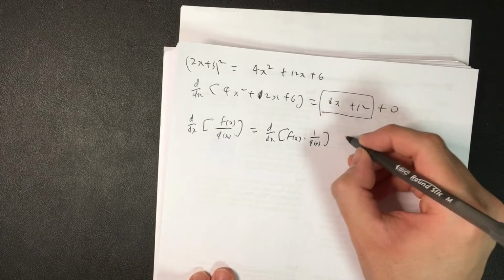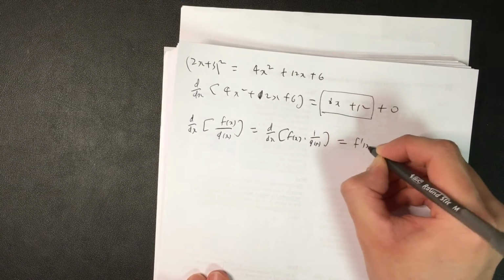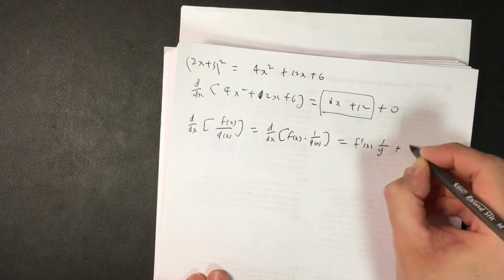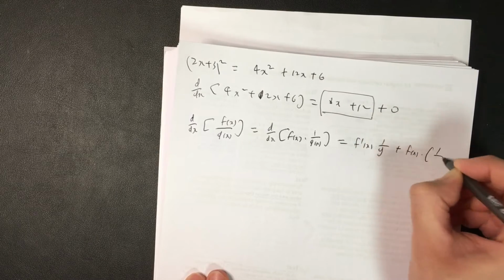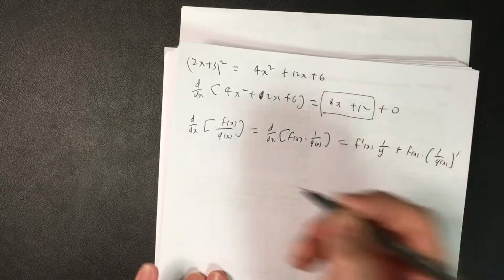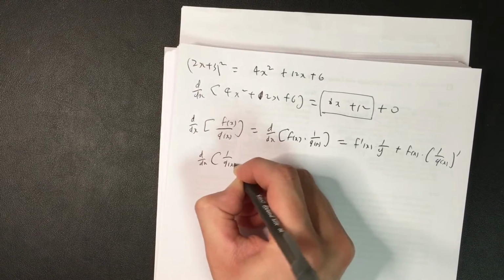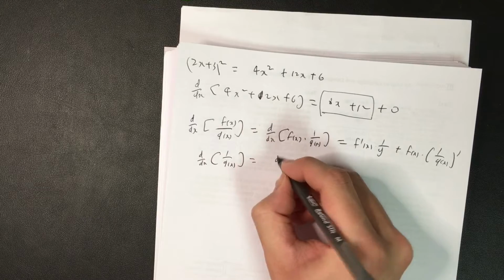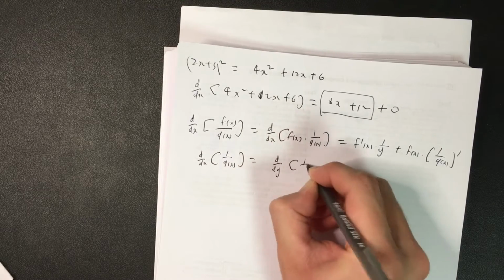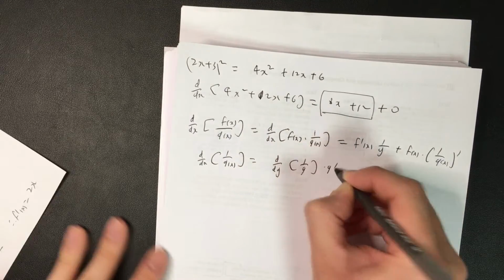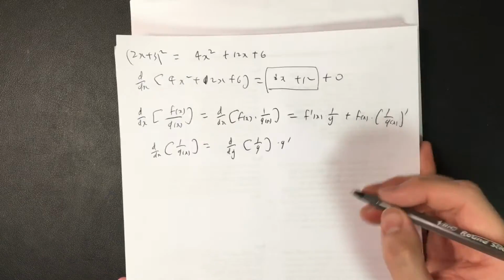And remember, from the product rule, this becomes f prime of x times 1 over g plus f of x times the derivative of 1 over g of x. And the derivative of 1 over g of x is simply: I take the derivative with respect to g of 1 over g and multiply it by g prime.